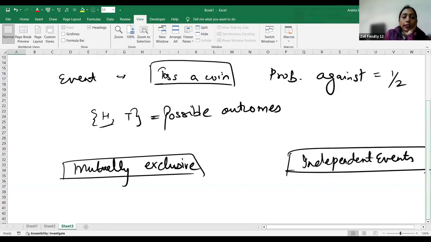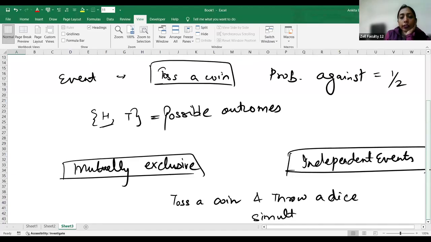Suppose I am tossing a coin. Okay, can I toss a coin and can I throw a dice simultaneously? Can I do this simultaneously? Yes or no?